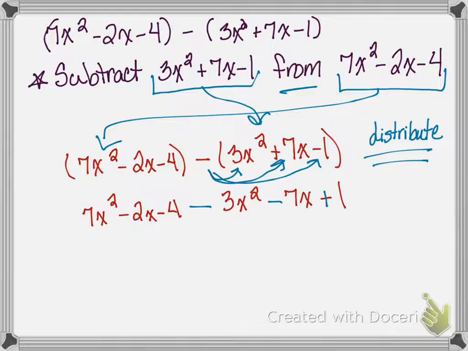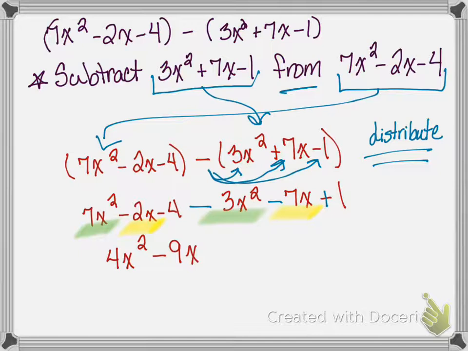Okay? Now I combine like terms. 7x squared minus 3x squared. Is that going to be 4x squared? You got to review those negatives if you're having trouble with those. Let me know. Negative 2x, negative 7x. I heard it. Negative 9x.